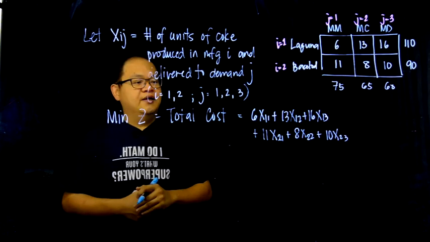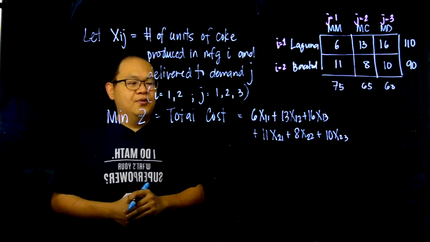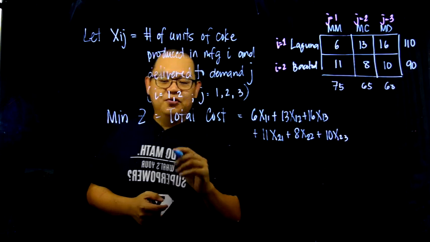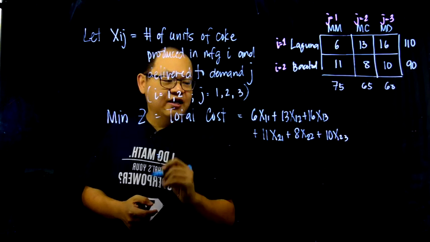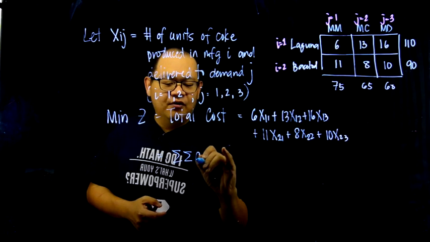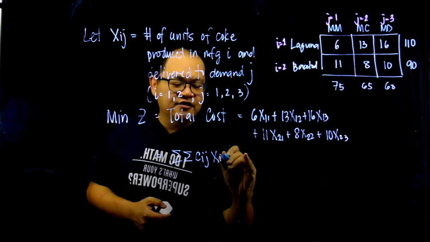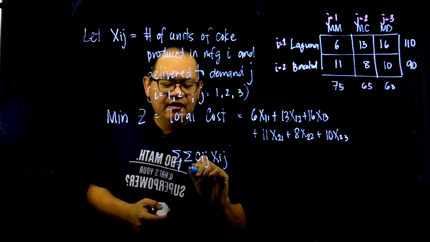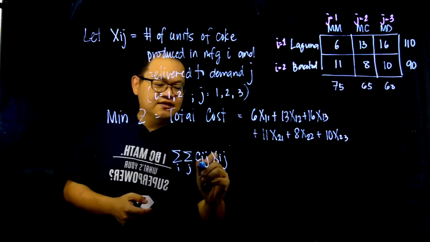X23. Okay? Or, if you'd like to write this in summation notation, then essentially this is just the double summation of Cij Xij, for all i and for all j. Now, what is this Cij?